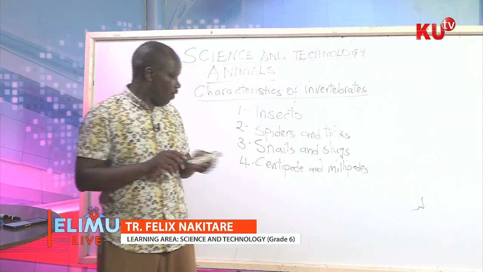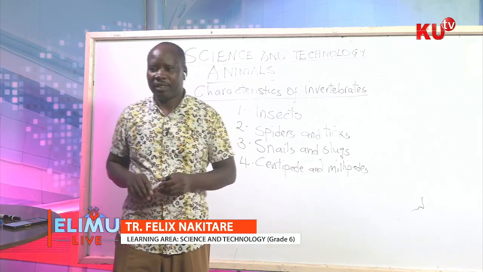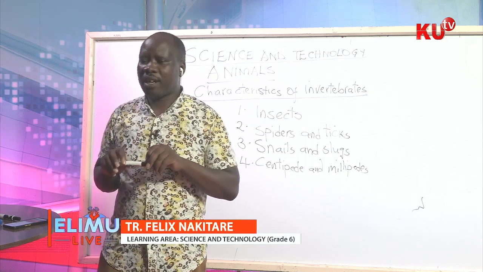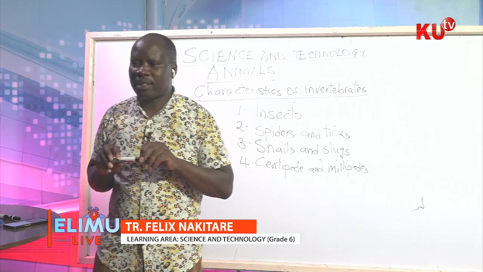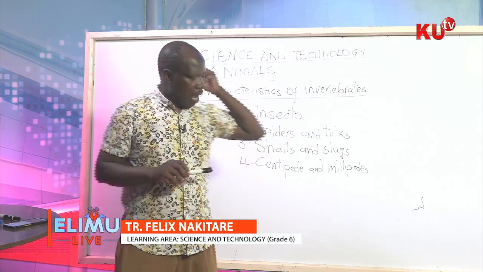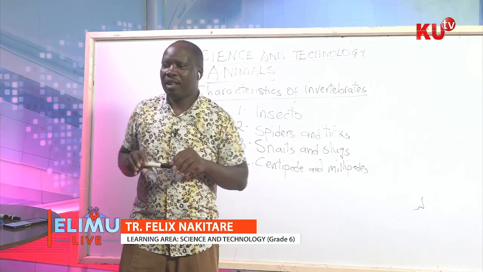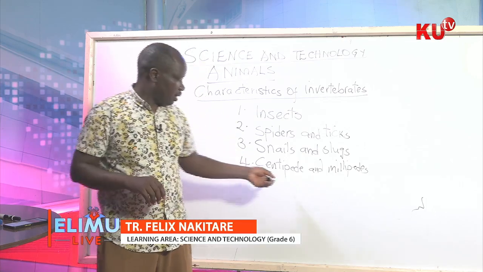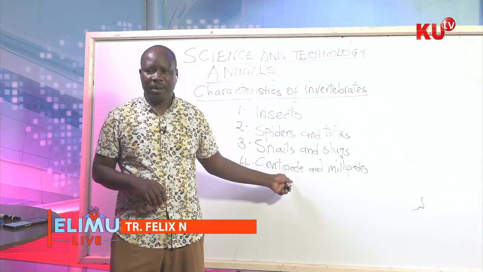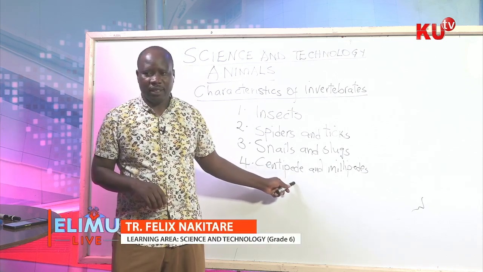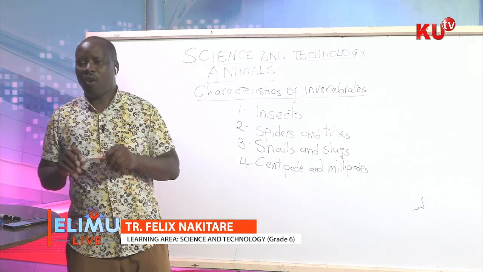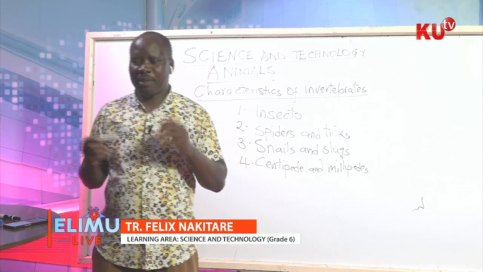The body of a centipede or a millipede is divided into two parts, head and trunk, divided into many parts called segments. It is on these segments of centipede and millipede that we have legs. The centipedes have a pair of legs per segment, while the millipede has two pairs of legs per segment.